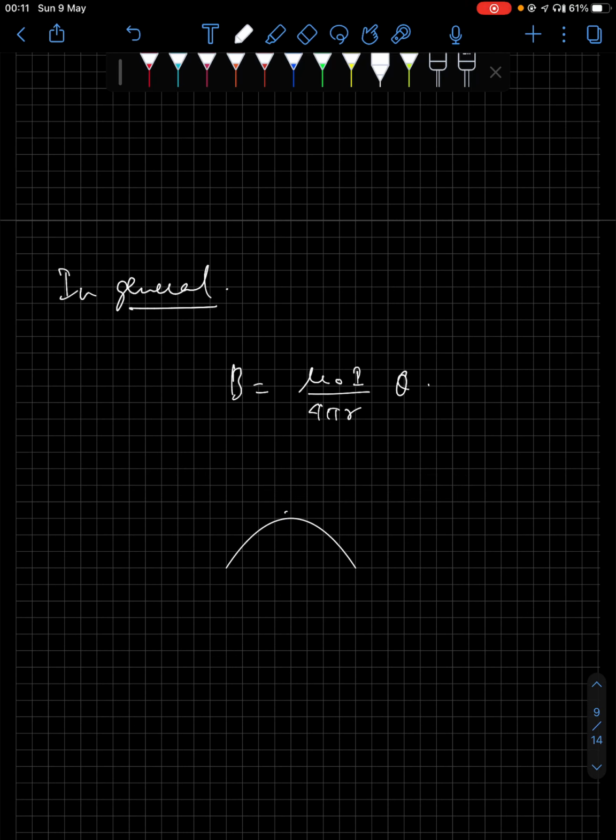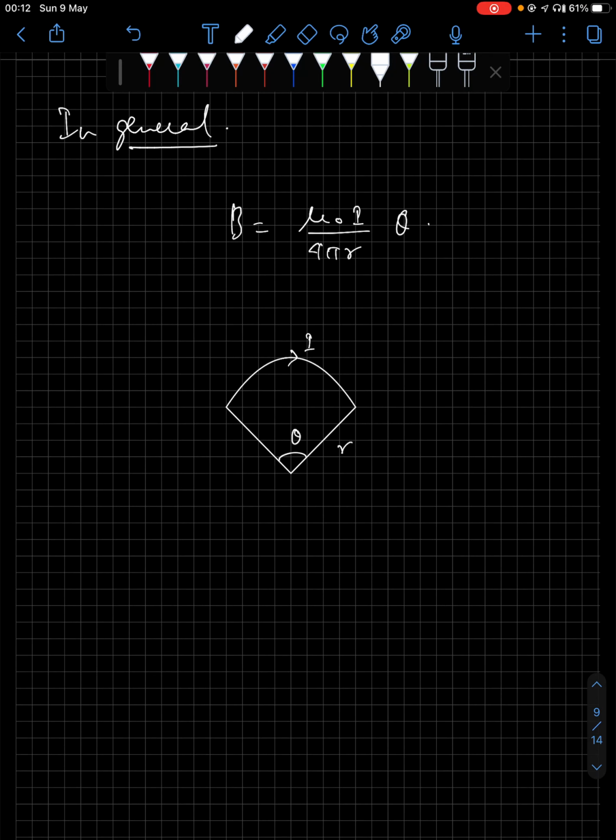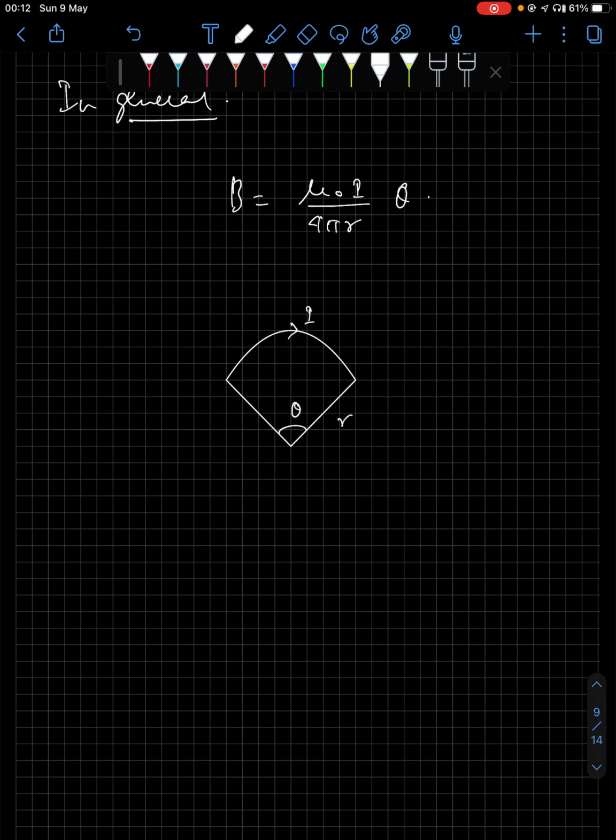Okay, so you have an arc, it is carrying a current I. Say this angle is theta and the radius is r. Of course, the diagram is not very proper. You can refer to the PDF. Okay, it is pretty clear there, pretty accurate there.